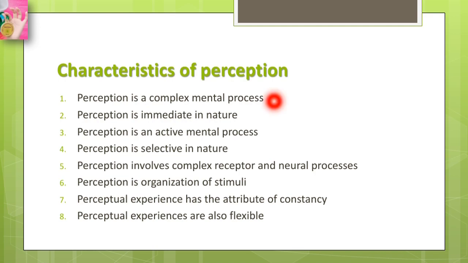So the first one is that perception is a complex mental process. Now, perception involves several processes: the receptor process, symbolic process, affective and aesthetic processes, and organizational processes. You can also call it unification.